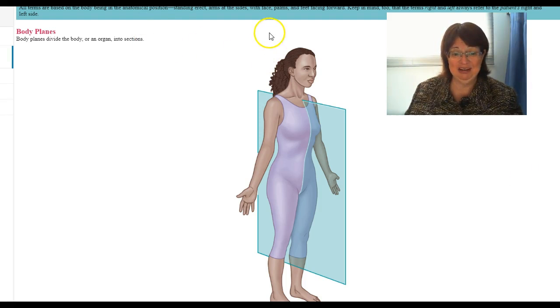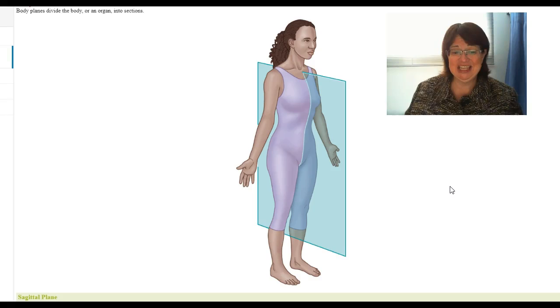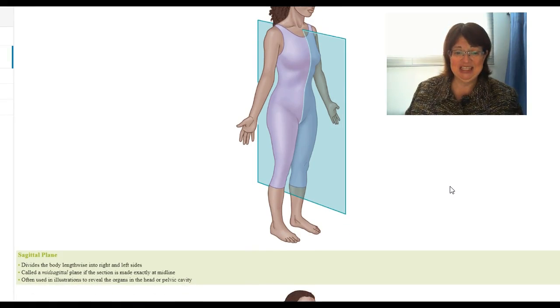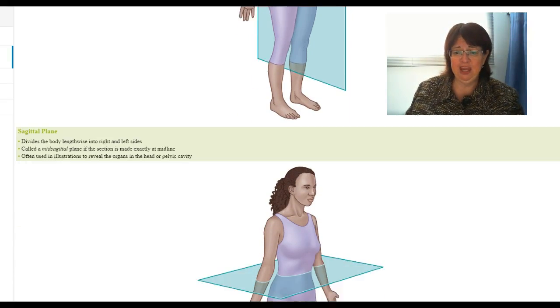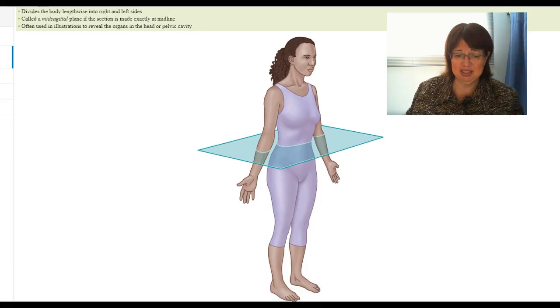So an example here, this is called a sagittal plane, and in the sagittal plane, you are cut down with equal left and right. And this is really good to reveal organs in the head or the pelvic cavity. Other than that, it's not overly effective in humans, but it's a good way to look at things. Then you have a cross section.